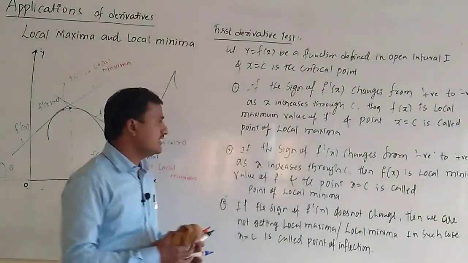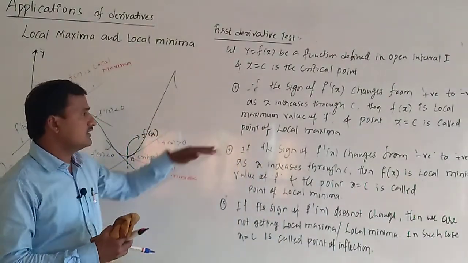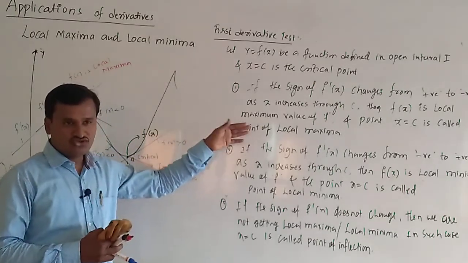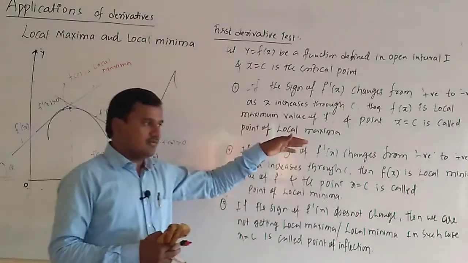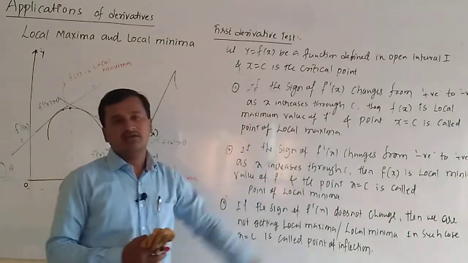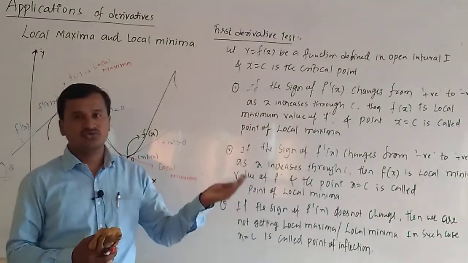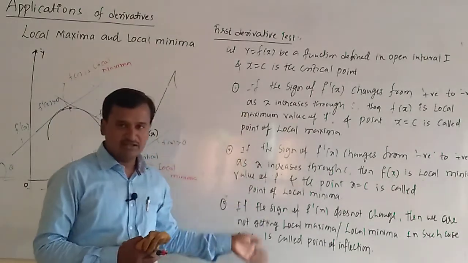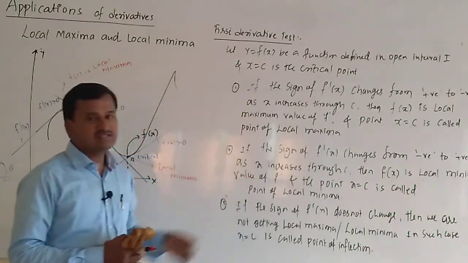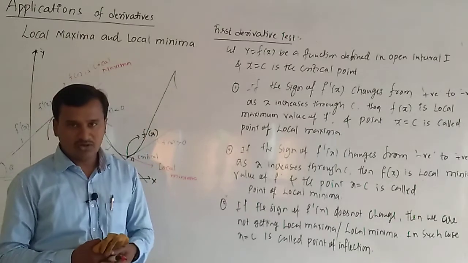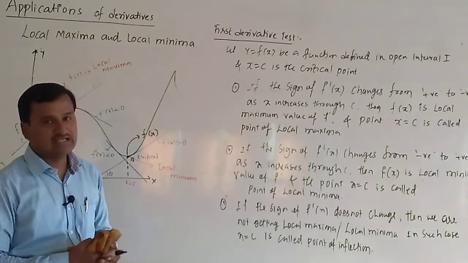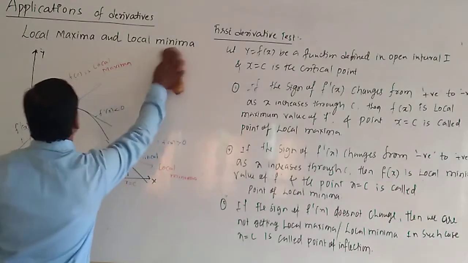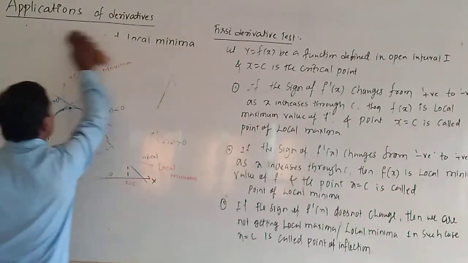Every time for a given function, it is a little bit lengthy to check the value of f dash of x from positive to negative or negative to positive. This takes a lengthy process. So to avoid this, we are using one more test, called the second derivative test, right? So now we will discuss the second derivative test.